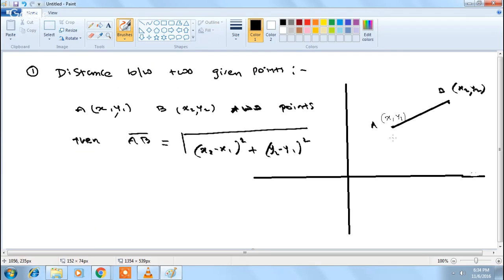Actually, this is the coincidence of x1, y1, and here it is the coincidence of x2, y2. Now I will explain to you.